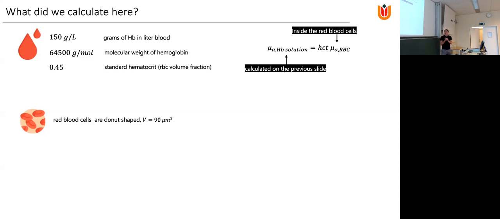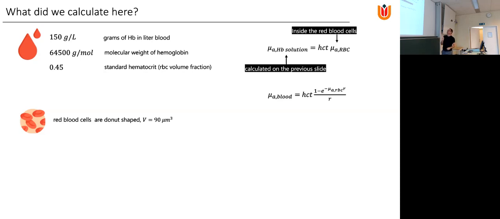And then finally, we need to know the size of a red blood cell, because that was also part of the formula. So what we need to calculate now is the absorption coefficient of blood. This formula, which has the hematocrit in there, and has the absorption coefficient of the substance inside the red blood cell.